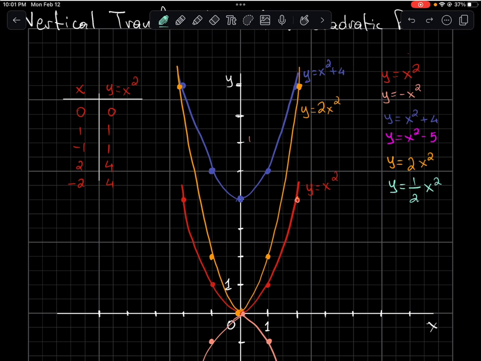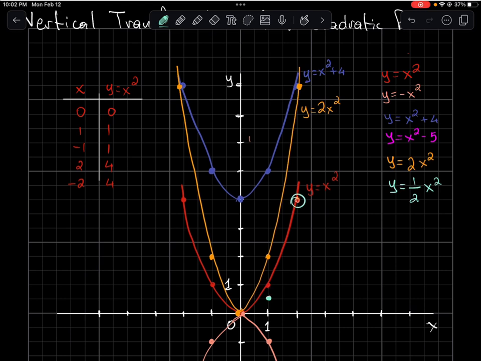Whatever I had is the parent function, the red one. Let's make it half, so all the points are going to go straight down. Let's start with this one. 1 unit, which is 2 divisions, is going to go to half a unit, which is 1 division. So it's going to go here, straight down.